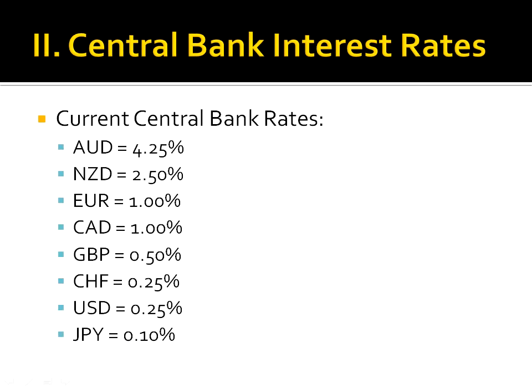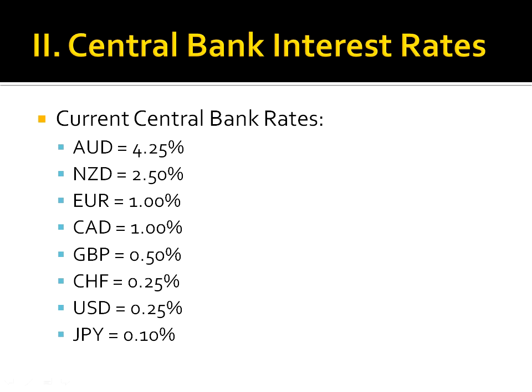At the moment, the central bank rate for the Australian dollar is 4.25. This is the Australian Central Bank lending money to its other banks at this interest rate, 4.25% a year. And you'll notice the US is offering their banks at 0.25%.